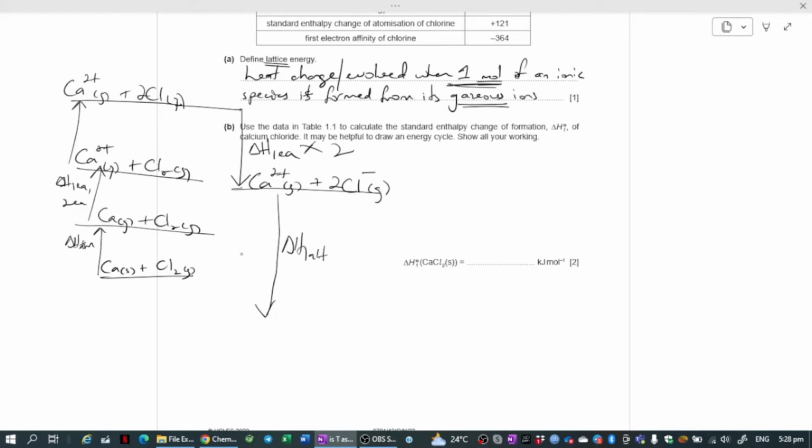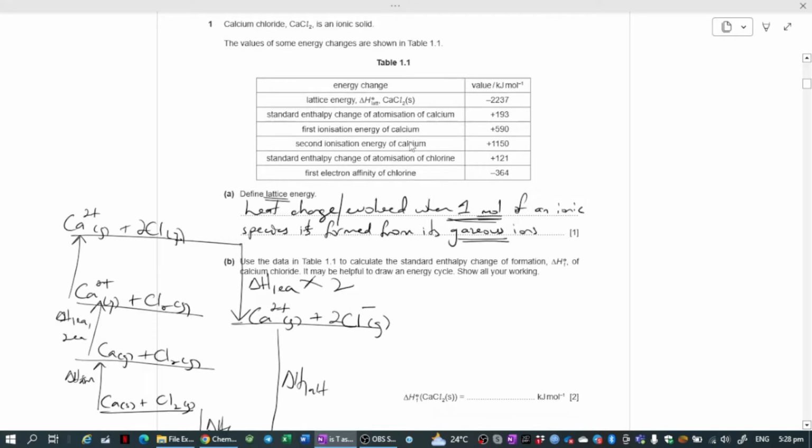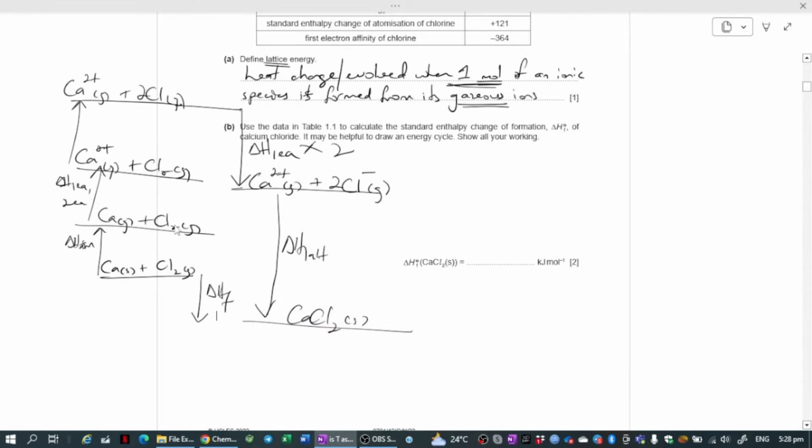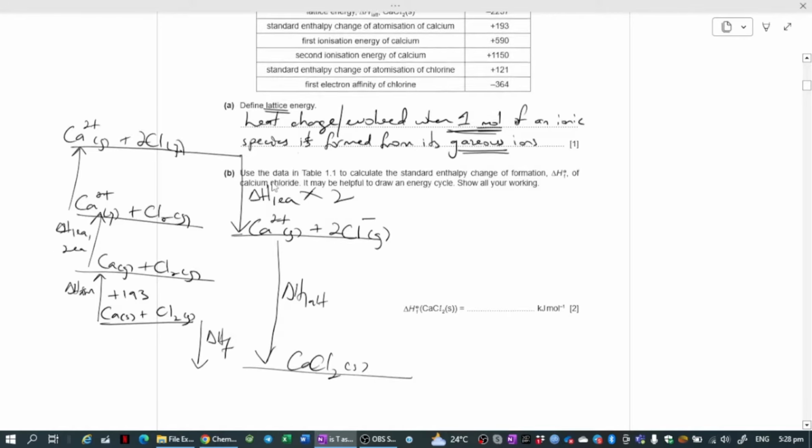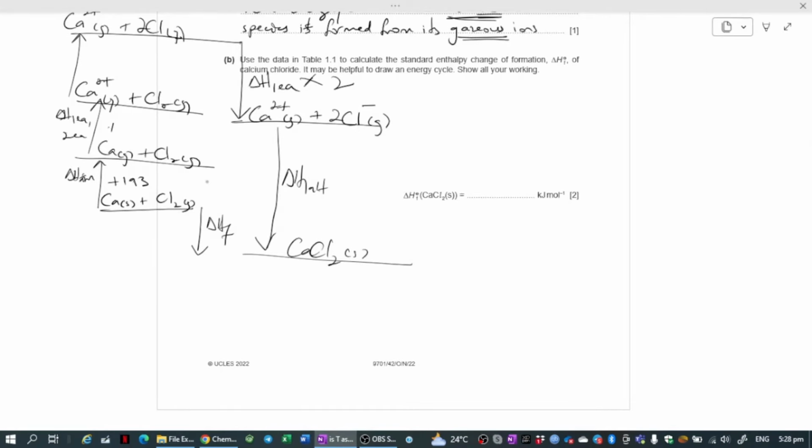So if we go back now to our table, we can see that our atomization value for the calcium is positive 193. Then we do the first and second ionization energies of calcium, which is positive 590 and positive 1150. So positive 590 plus 1150.